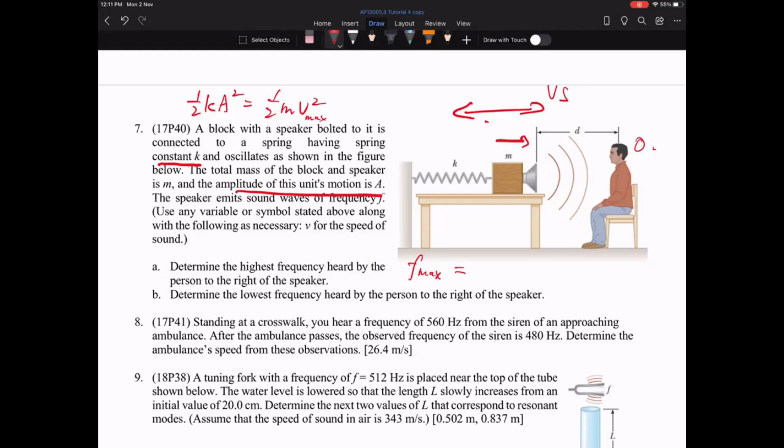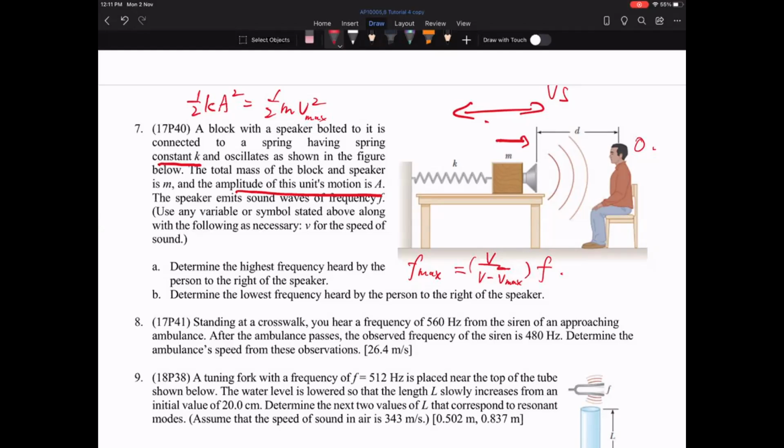The equation for the source moving is v over v minus Vmax multiplied by f. Of course, the minimum frequency would be v over v plus Vmax multiplied by f.